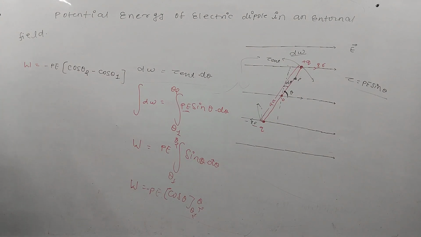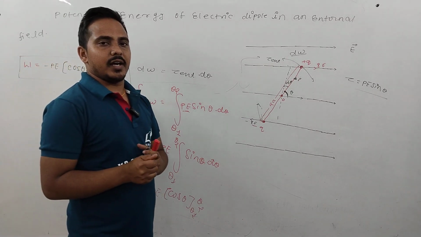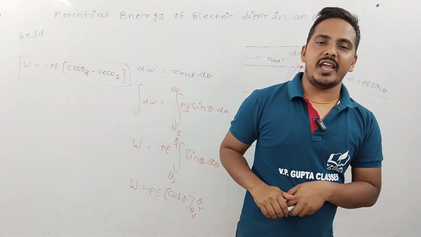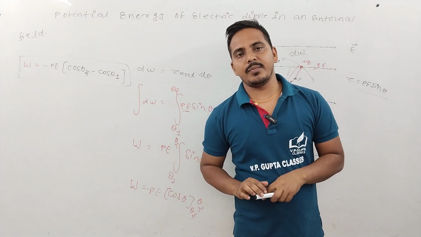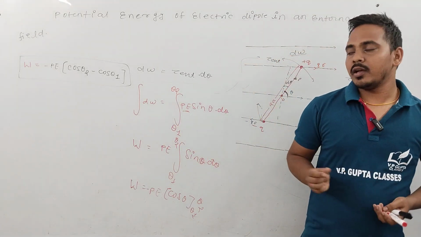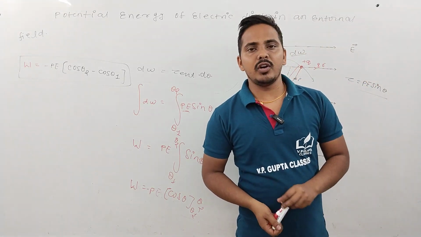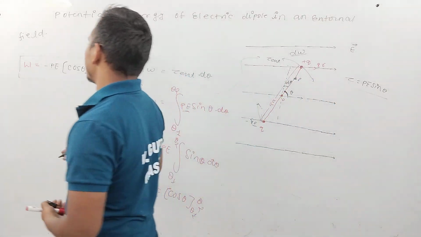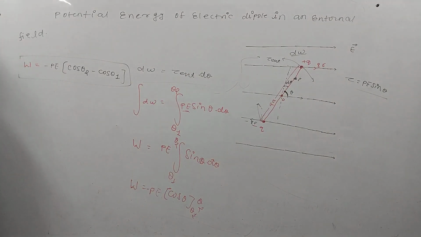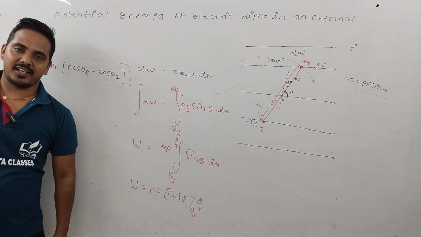This is the formula of the total work done by tau ext, the external torque, when the electric dipole changes its angular position from theta 1 to theta 2. This work done is stored as potential energy.